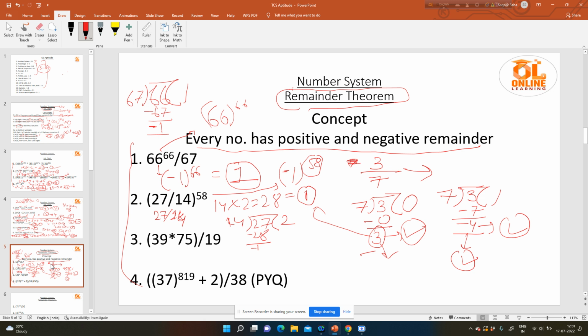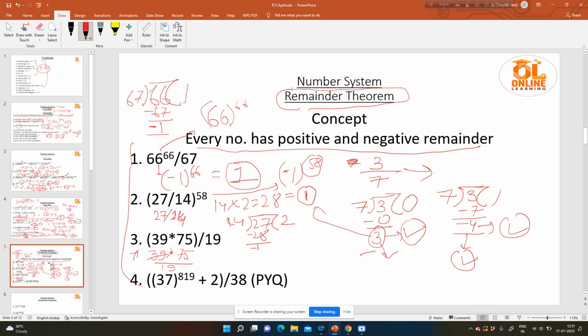Now it is given 39 into 75 divided by 19, whole by 19. So we have to find the remainder for both the numbers separately. 19 into 2 is 38. So 39 is 1 more than that. So we will take positive 1 here.